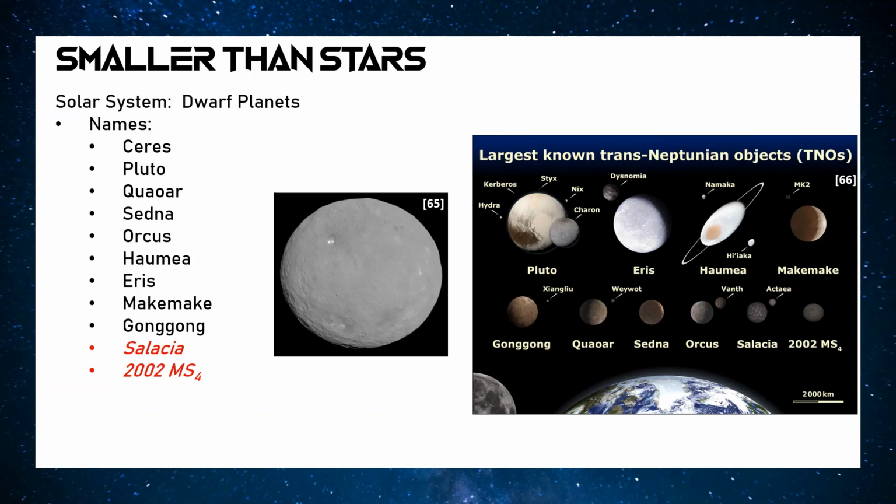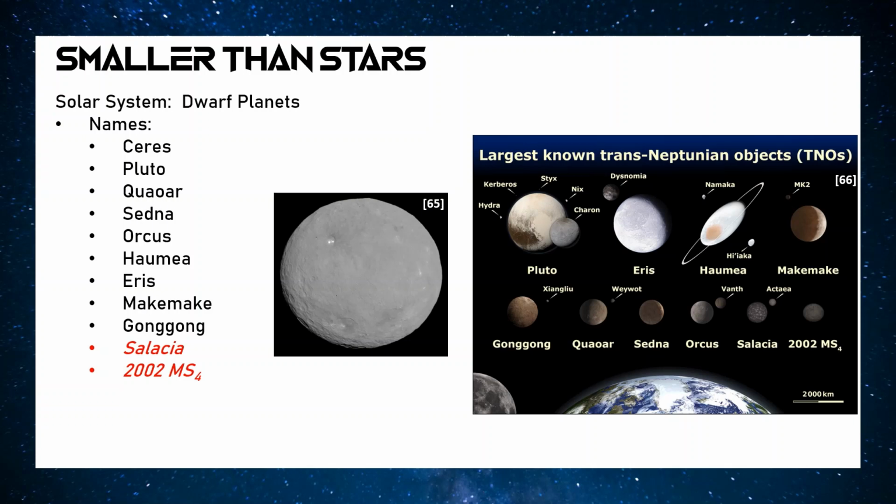If an object is rounded but doesn't gravitationally dominate its neighborhood, it's been dubbed a dwarf planet. That's why Pluto was eventually described as a dwarf planet. There are several of them in our solar system, maybe 10 or so. So let's walk through them.